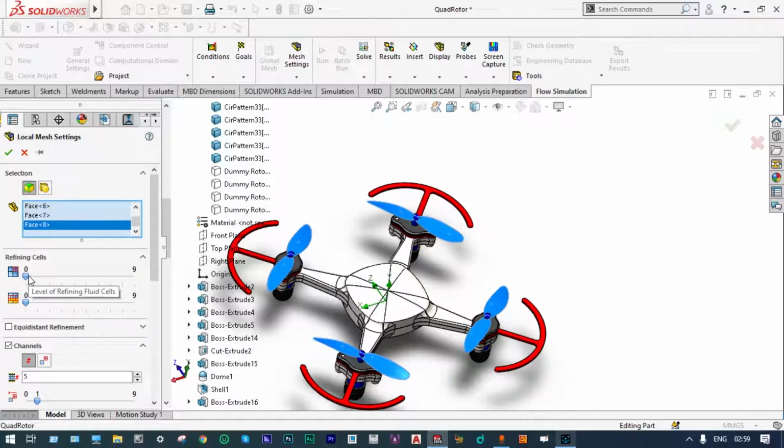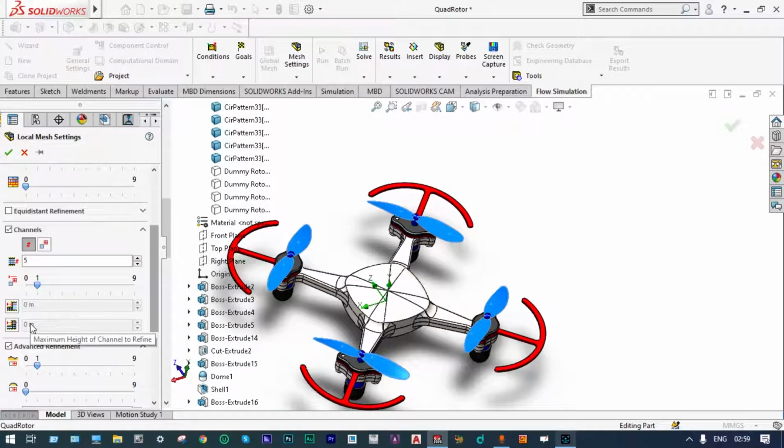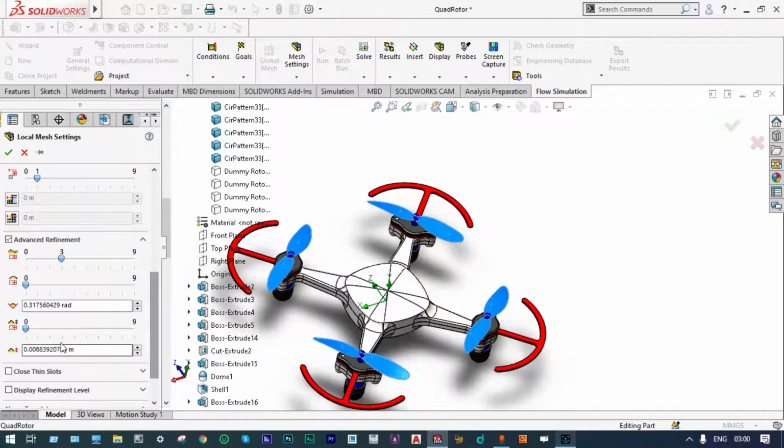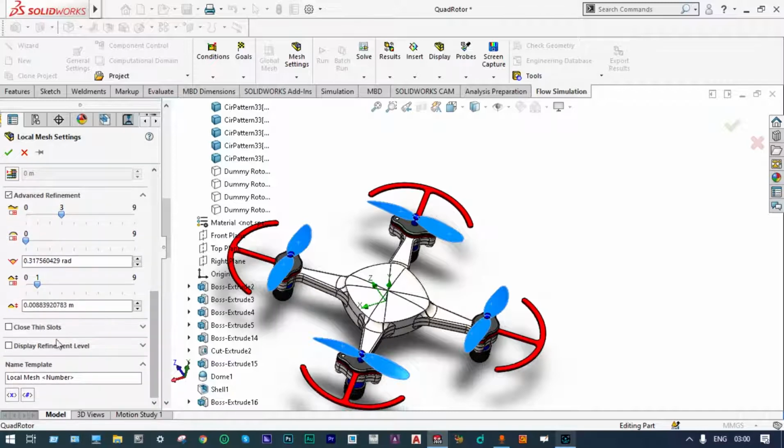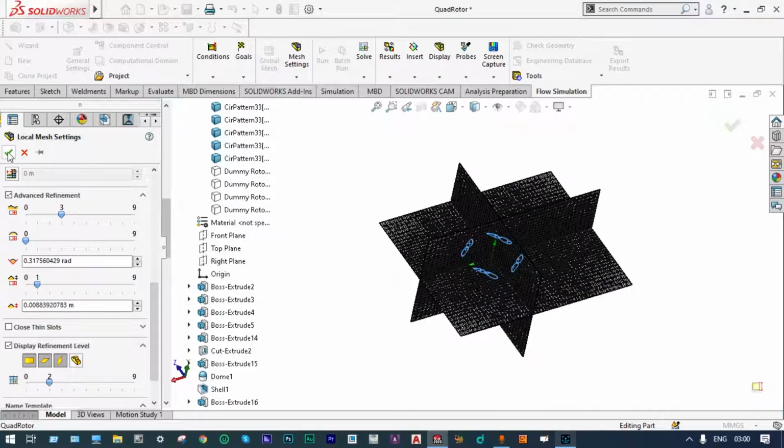And for refinement, in the cells we want 3 levels of refinement. From advanced refinement we can move up to 3 levels of refinement. And for tolerance, you can move a little bit of 1 plus. Let us see the display of refinement. Done.